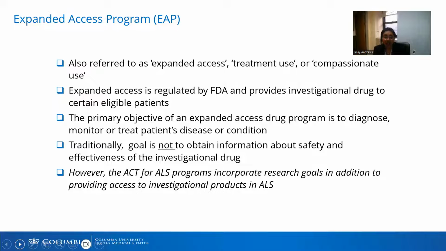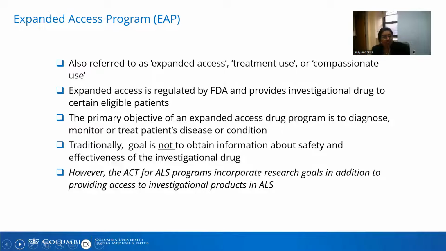So what I will put here is that I actually added a bullet since I've initially presented this starting in 2018. We talked about the interchanged terminology of expanded access, compassionate use, treatment use. And the primary objective, if you read the regulations about expanded access, is that it's really meant to be a treatment for an individual who's got a serious life-threatening condition that's exhausted all other options.